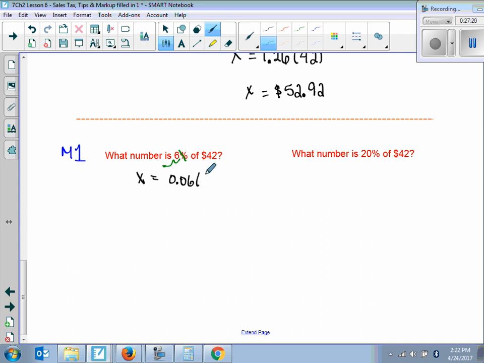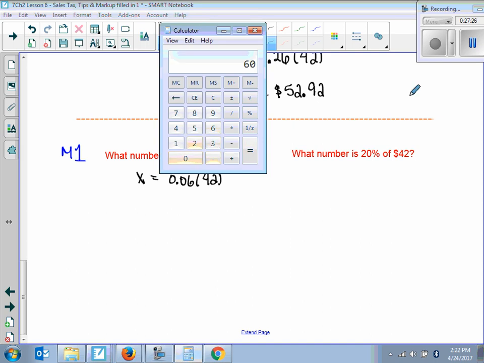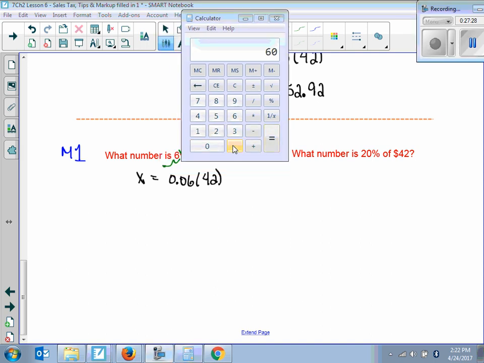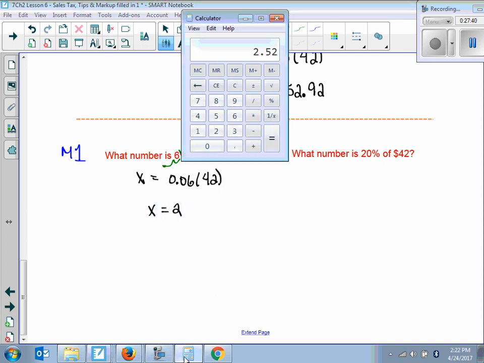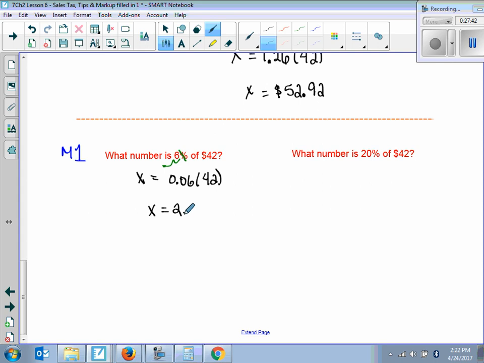And then we're going to multiply that times 42. So when we have 0.06 times 42, that's going to give us $2.52. So X is equal to $2.52.